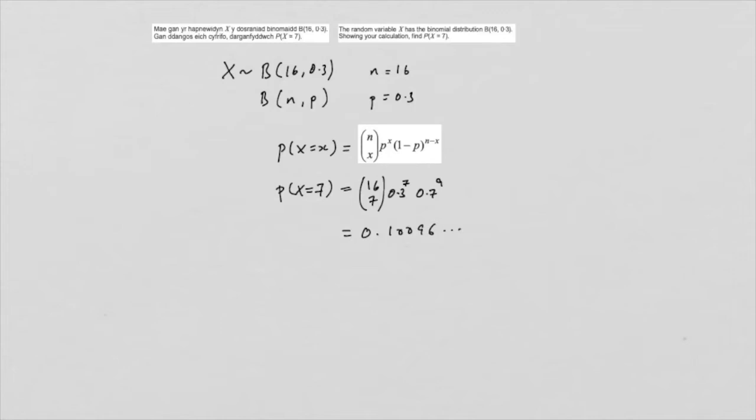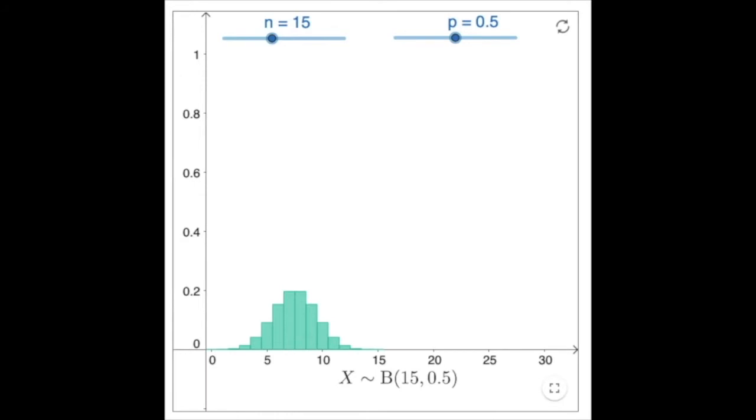It's not specified as to how many decimal places we need to write, but given that the tables give 4 decimal places, then we'll round it off to 0.1010, and we'll put 4 dp just in case they want to know what we've done. As I mentioned, you can check your answer using your calculator. It's also worth having a feel for what the answer should look like.